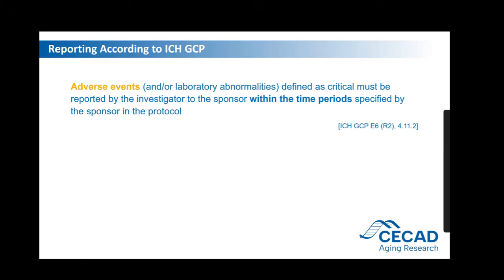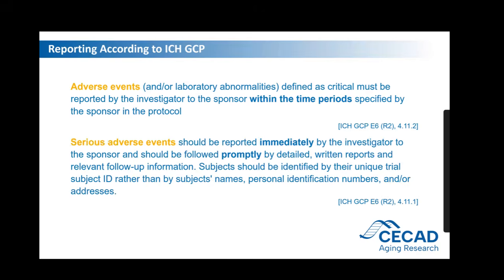Firstly, the adverse events defined as critical in the protocol must be reported by the investigator to the sponsor within specified time periods. Of course, every adverse event has to be documented and listed, and we will come to that in a few slides. But if it's critical, it has to be proactively reported to the sponsor.